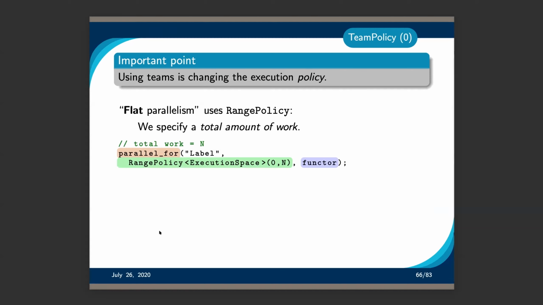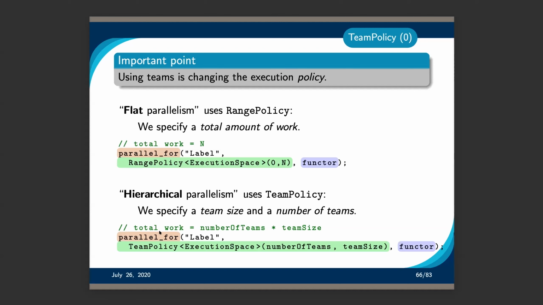Using a team is changing the execution policy. So in this flat parallelism, we had just this range policy, and we specified the total amount of work. We did this range policy, maybe with an execution space argument, maybe without it, and a begin and end. Click. In hierarchical parallelism, we use what we call a team policy.